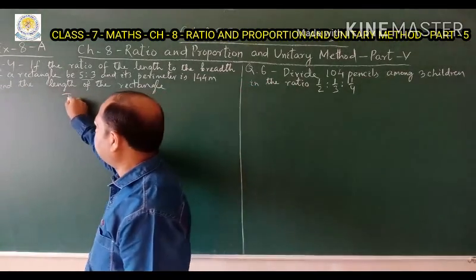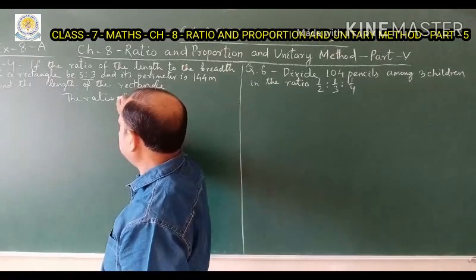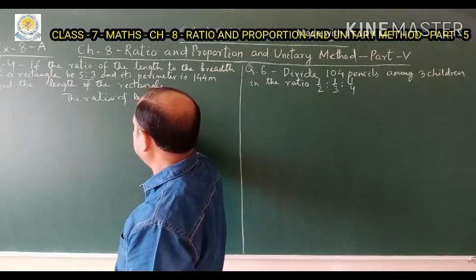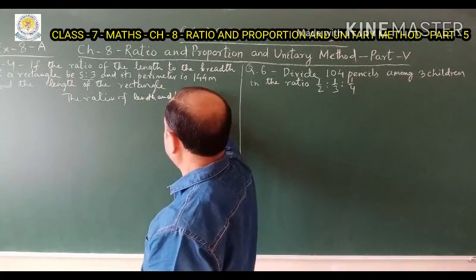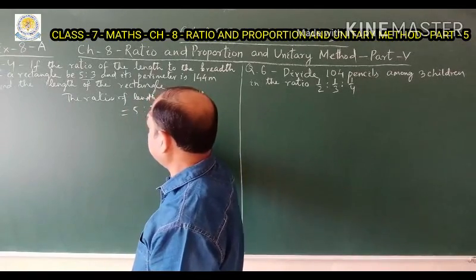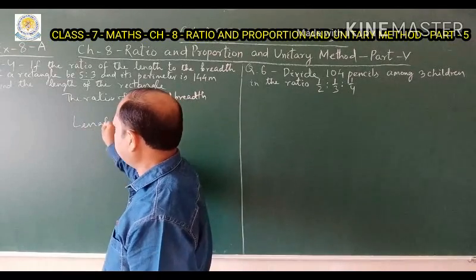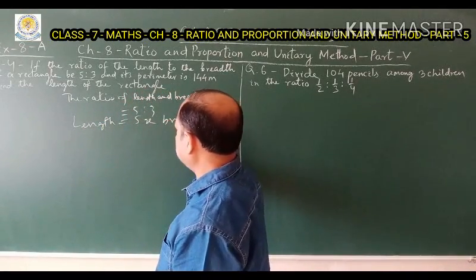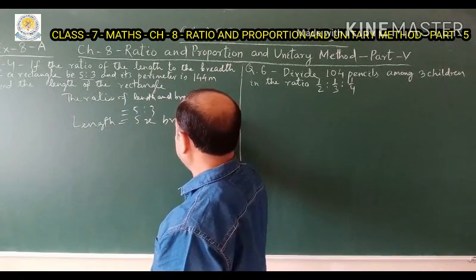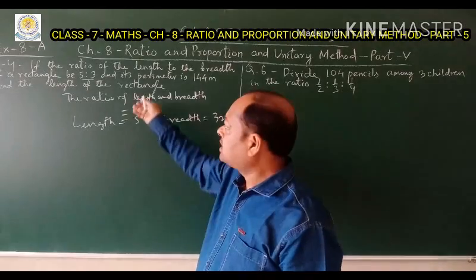The ratio of length and breadth is equal to 5 is to 3. So we can take length as 5x and breadth equal to 3x, and apply the formula.